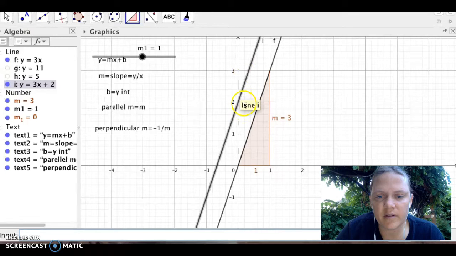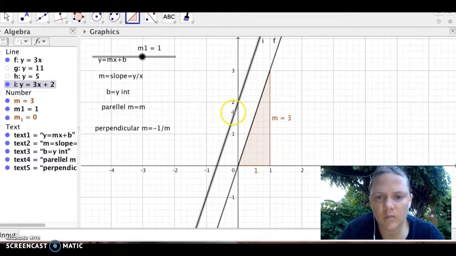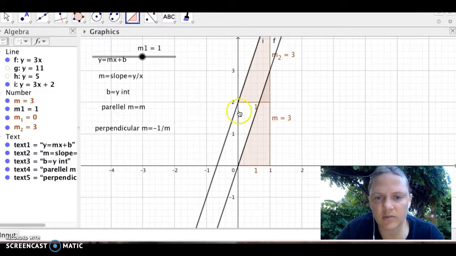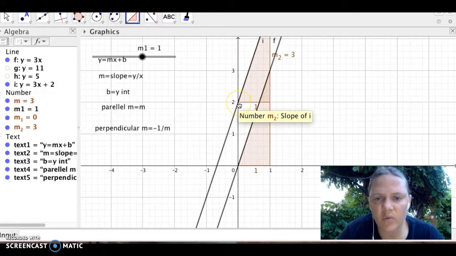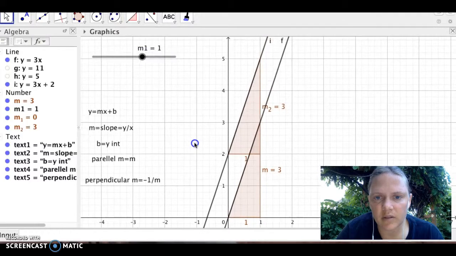If they're parallel, these lines are never going to cross. They have the same slope. So we can go ahead and check that out. From my y-intercept, I have a slope of 3, so I'm going over 1, up 3.